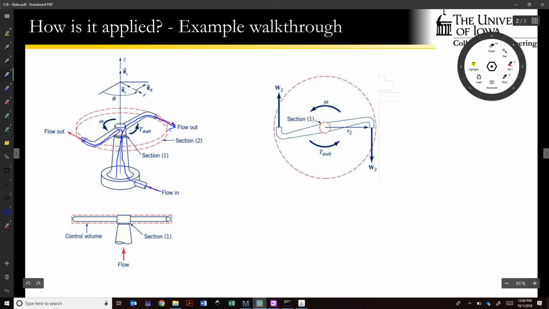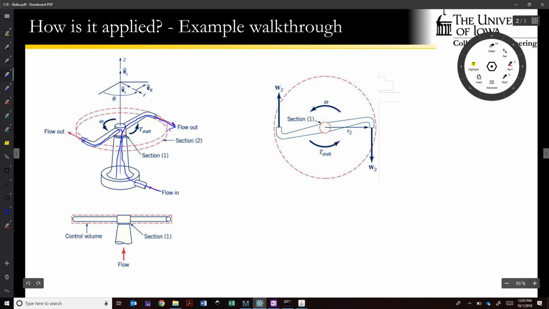We might be interested in knowing what, for example, the torque on the center spindle or the shaft of the sprinkler head is that's created by the flow being jetted out in this sort of tangential pattern. We might also be interested in knowing what is the actual mechanical power that could be harvested from this type of device, if we wanted to treat it like some sort of turbine.